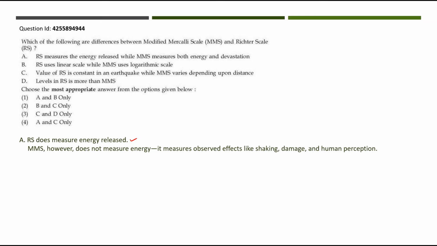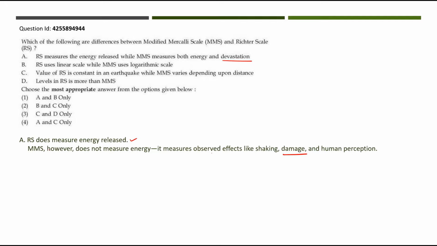When they say devastation, it includes the term damage here, and though it does not directly measure energy, in the given statement they say it measures some observed effects. So this is also a form of energy we can take.